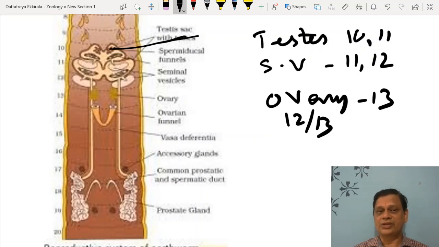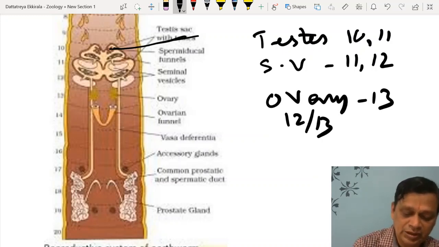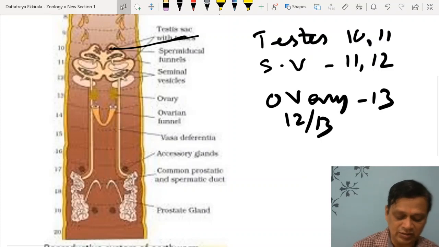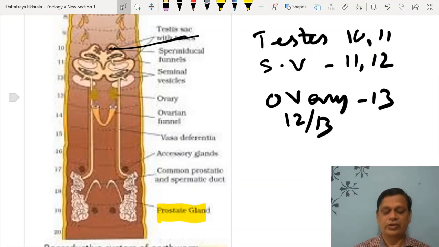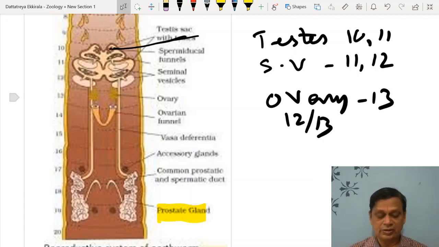Male genital apertures will be one pair in 18th segment, but they combinedly open as one male genital aperture. What happens is, there is another accessory gland called prostate gland. So prostate gland duct combines with the vas deferens and forms a prostatic spermatic duct, and that combinedly opens out.